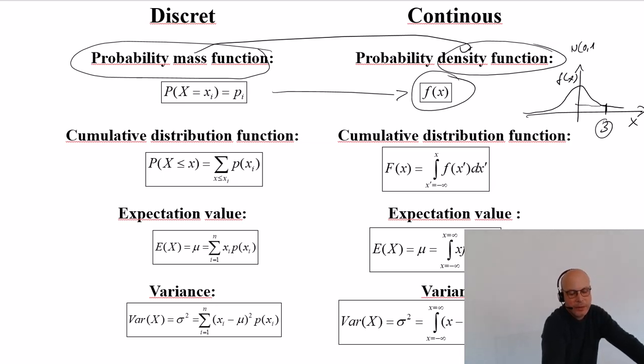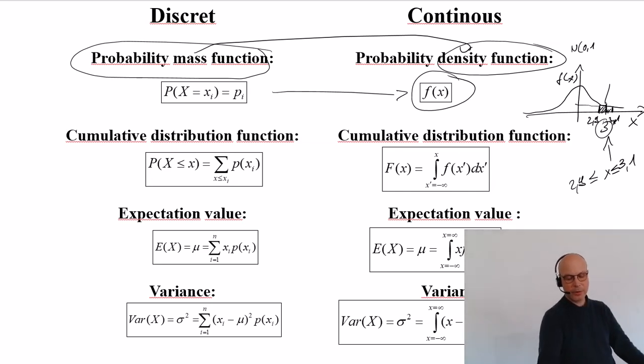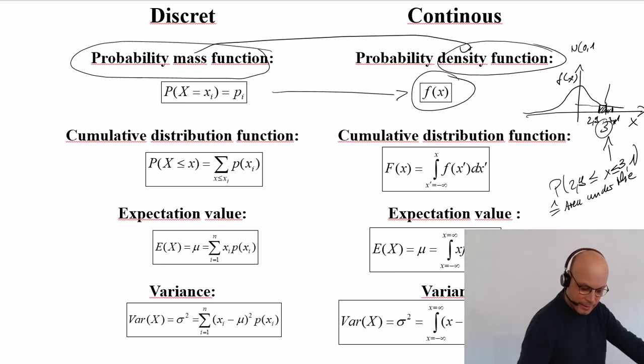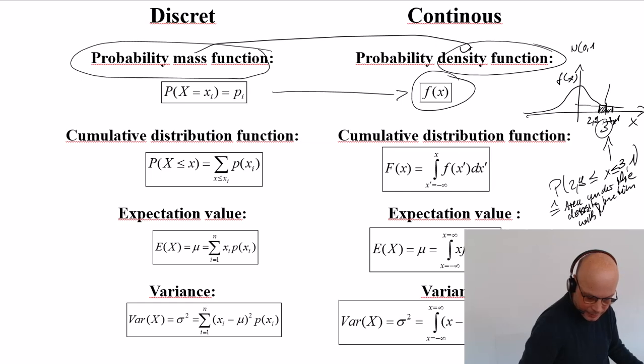But what we now interpret is that we maybe have here an interval from 2.9 to 3.1, and then the probability that x is within the interval 2.9 up to 3.1, this probability is the area under the density function within the interval.